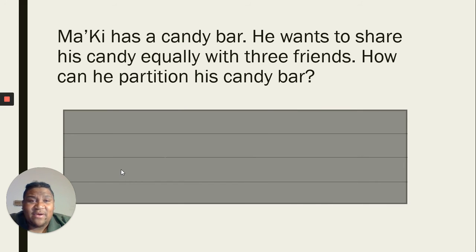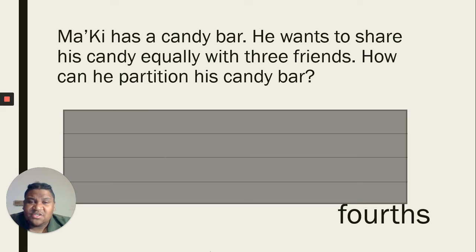Makai has a candy bar. He wants to share his candy equally with 3 other friends. How can he partition his candy bar? So he partitioned it already. And we know that if it is 4 equal pieces, we call that what? We call it fourths.